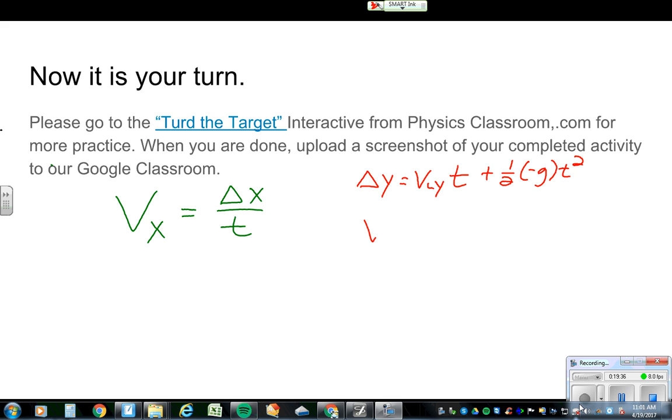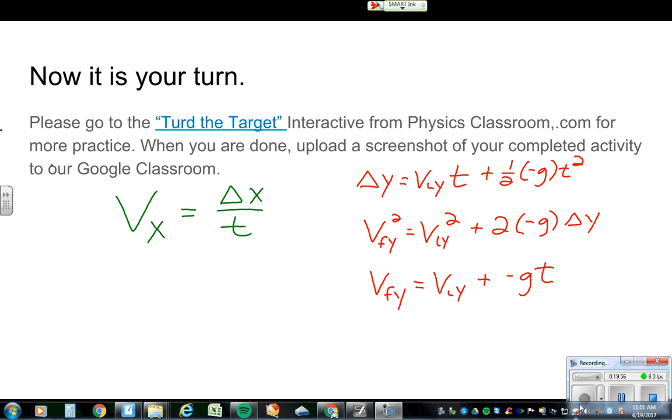My v_fy squared equals v_iy squared plus 2 times negative g times change in y. My v_fy is equal to my v_iy plus negative g times t. And last, change in y is equal to v_iy plus v_fy all over 2 times t.